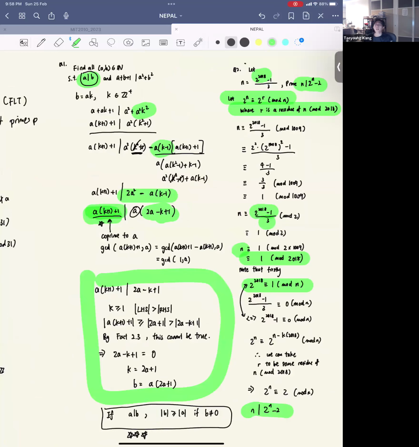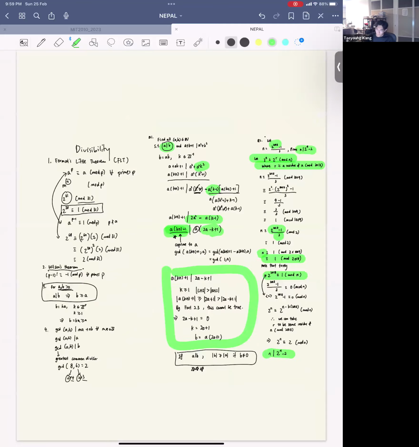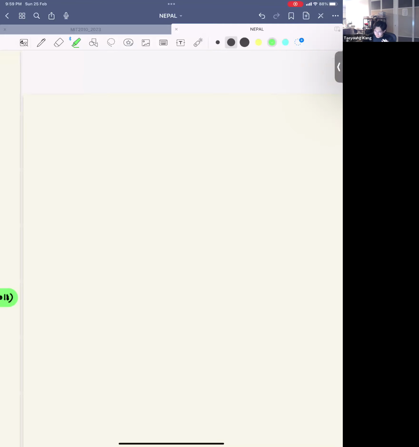Do you guys have any questions about the solution? I think the Fermat's little theorem portion of the solution is a bit more straightforward. But the harder part about the solution is noticing that n is actually, oh okay, the n is a bit confusing. Okay, maybe I will try to re-explain it.